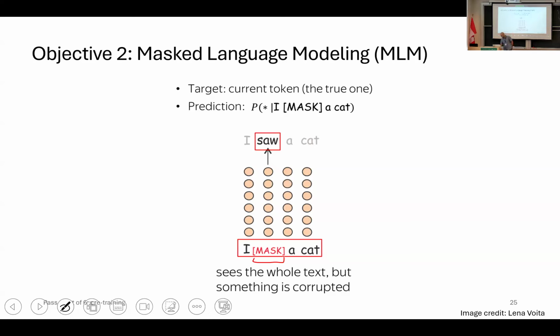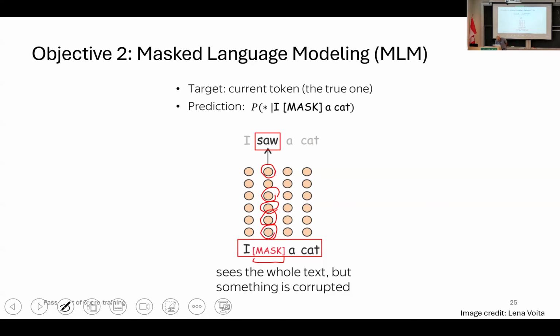So the input is "I, mask word, a cat", and then the mask becomes a vector in layer 1. Then it becomes another vector, and so on because of the weights, right? Eventually, in the very last layer, it becomes a vector corresponding to the vectors for words in the English language, right?